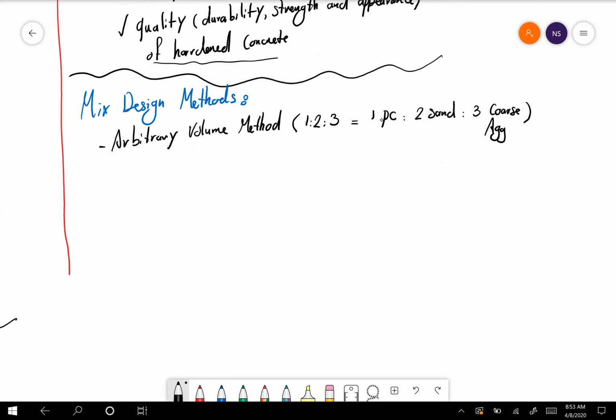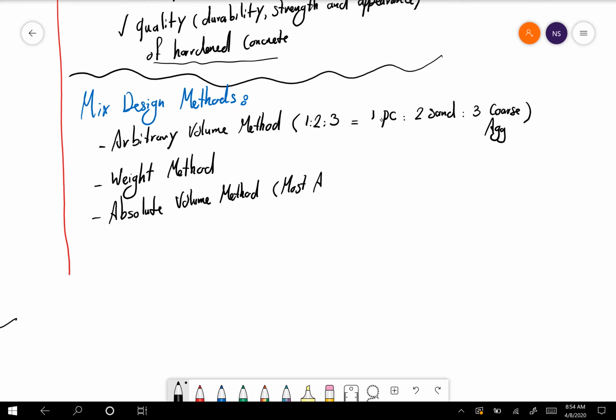There is also another type of mix design that you design by weight. So, the weight method. You also have the absolute volume method. And this method is actually the most accurate one.